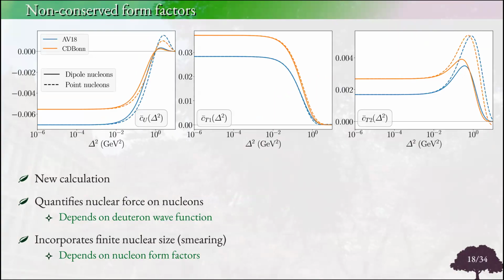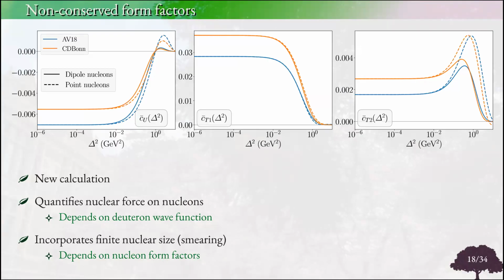We have these C-bar-like form factors here, three of them from the symmetric part of it. We've calculated these for the first time. People previously discounted them because they vanish when you sum over all contributions, but in the impulse approximation by itself, they don't vanish. And we find that they're very sensitive both to the wave function you use, because this quantifies the force between nucleons. So if you have a different nuclear force, you'll get a different result.